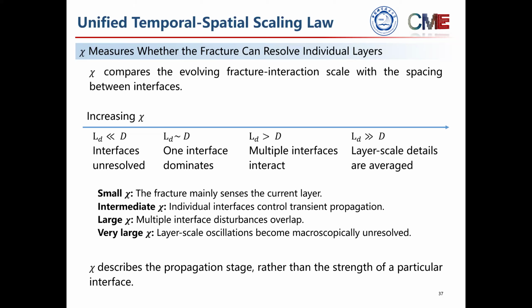At large K, the influence length spans multiple layers and successive interface disturbances interact. At a very large K, the individual layer scale oscillations become small relative to the macroscopic propagation scale. The response across layers approaches a homogenized description. So K describes the propagation stage. It does not, by itself, describe how strong a particular interface contrast is.